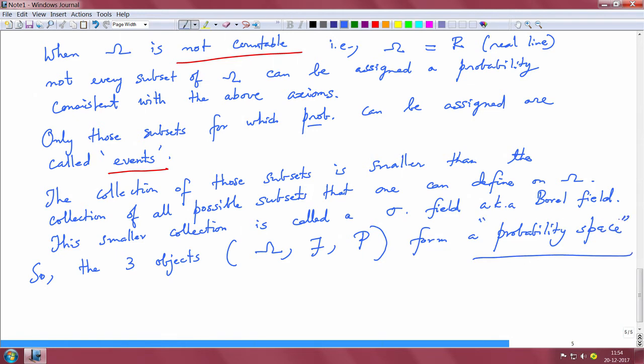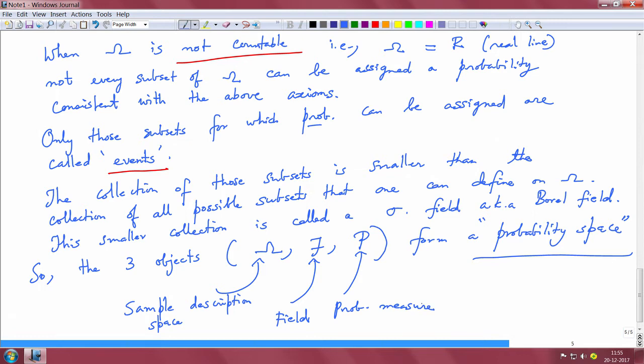right. Just to recall, omega is the sample description space, F is the field, and we have seen what properties a field must satisfy, and then this is the probability measure consistent to the axioms which we described.